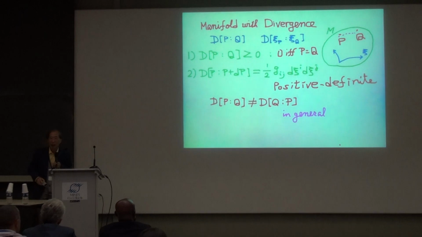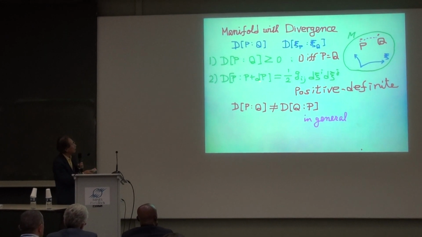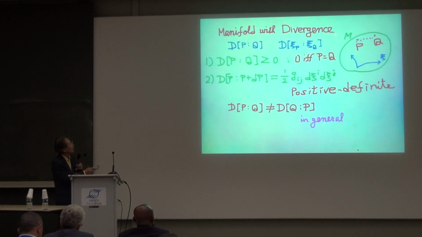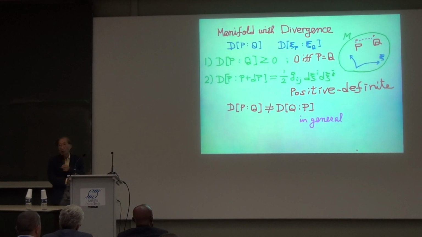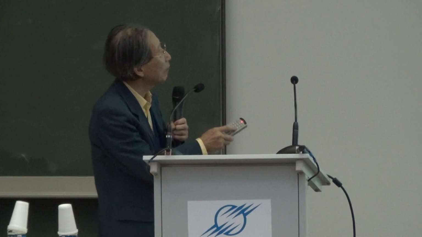Okay? And one more important thing is, if we do Taylor expansion of this, when P and Q are very close, the leading term is the quadratic term. So the first term vanishes. The second term is this one, and this should be positive definite. So we just require this for the divergence.